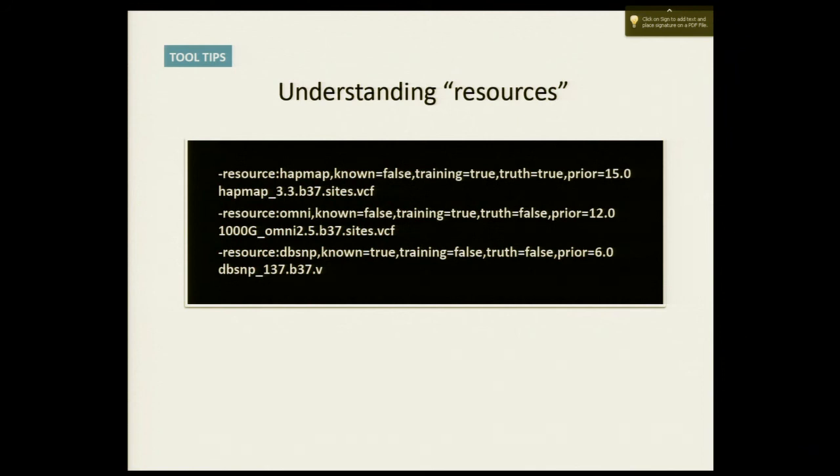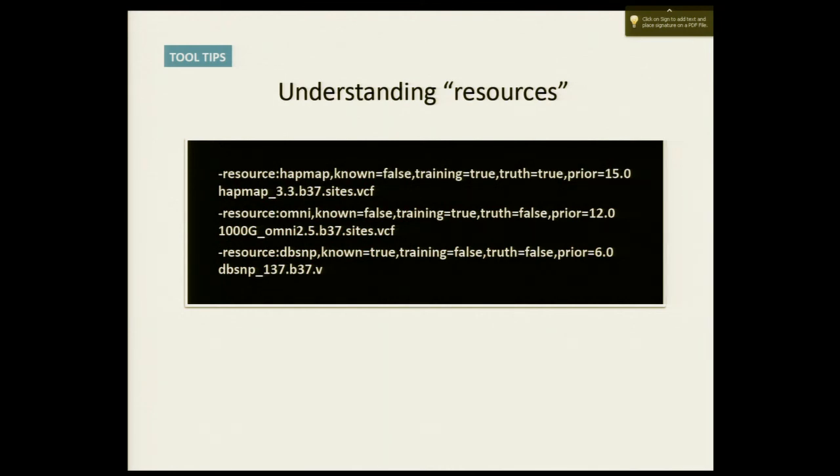So we have a prior on the probability that any variant found in that database is true. So 15 here means Q15. You turn that into a probability, which is something like 98%. So there's this 98% prior on being true simply by being a member of HapMap.